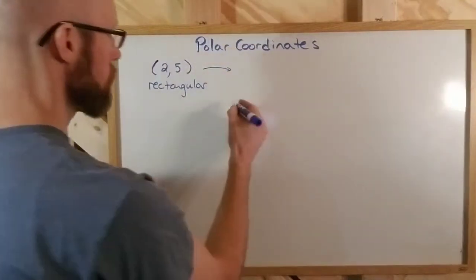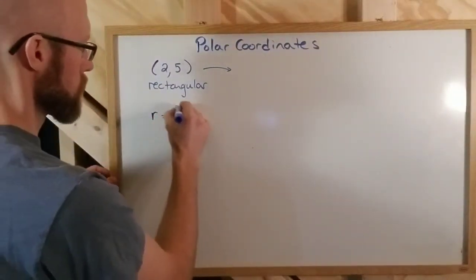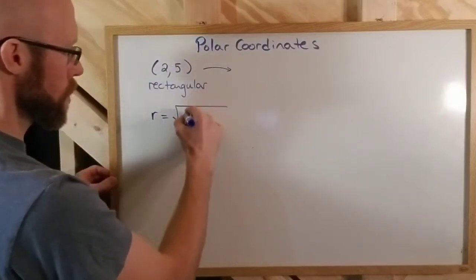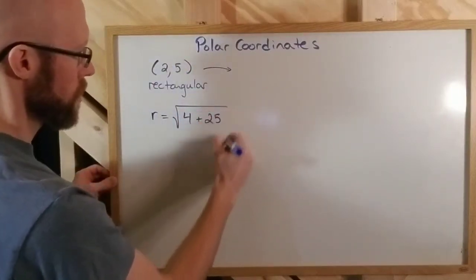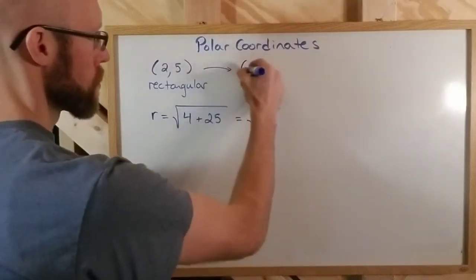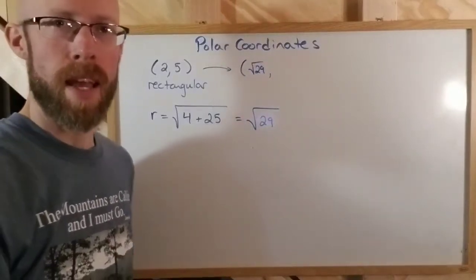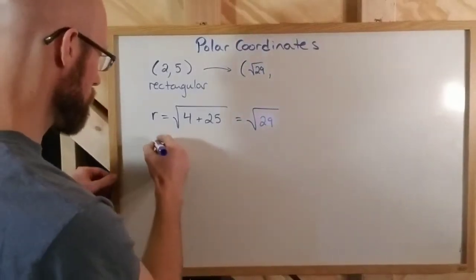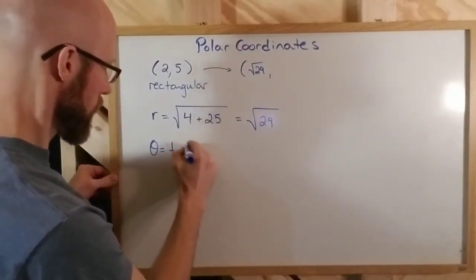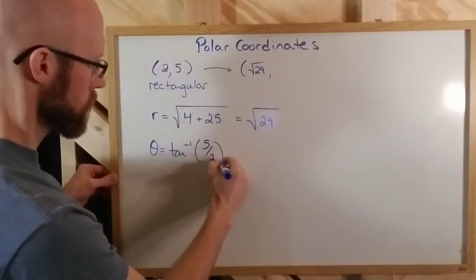So from (2, 5), if I want to find r, I know that r would then be the square root of the sum of the squares, 4 plus 25, which would be the square root of 29. Okay, so I have a square root of 29 for my radius, and then the theta would be the inverse tangent of y over x.